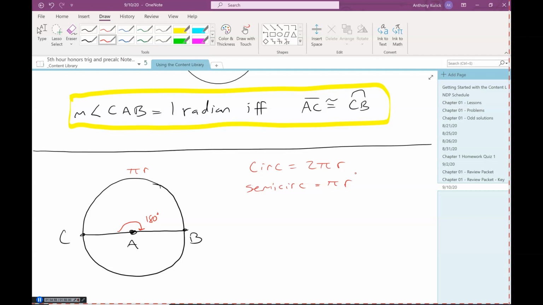So what I can say then is that 180 degrees, hold on. Well, I want to say something else first before we do that. So what I want to do here is use the definition of the radian above. Okay?